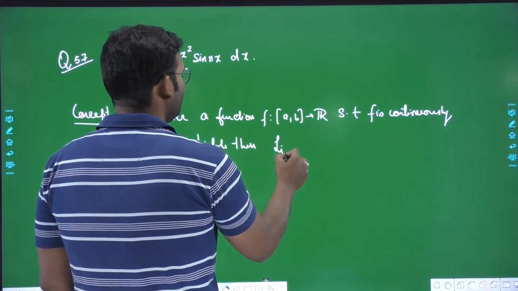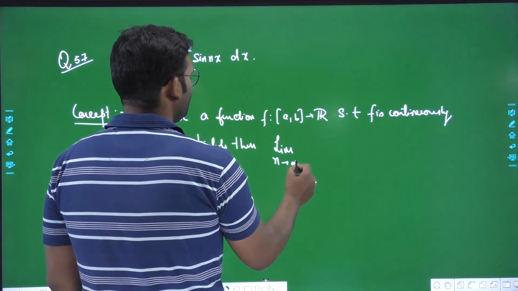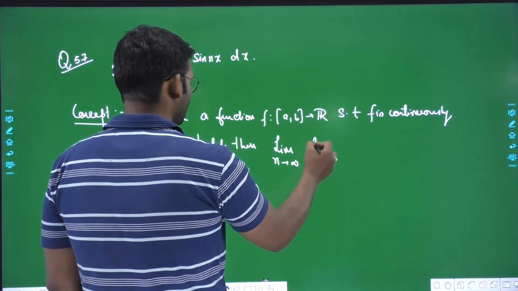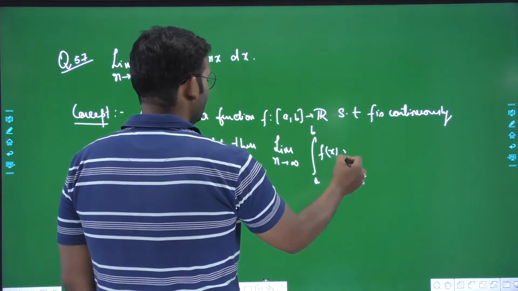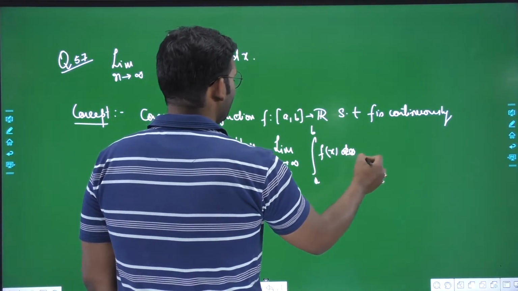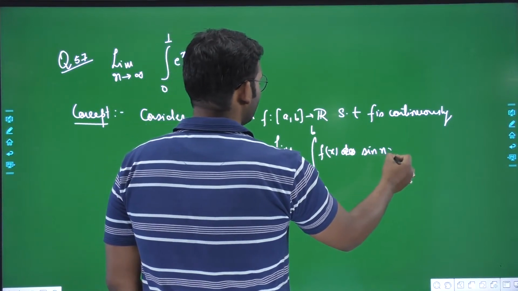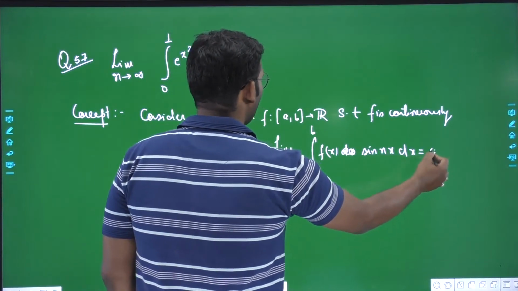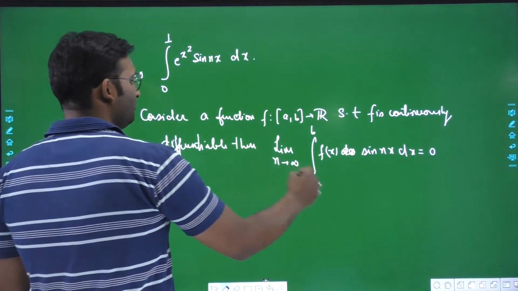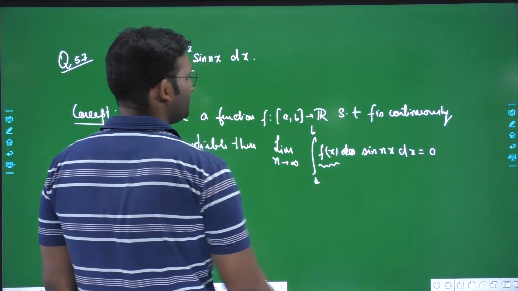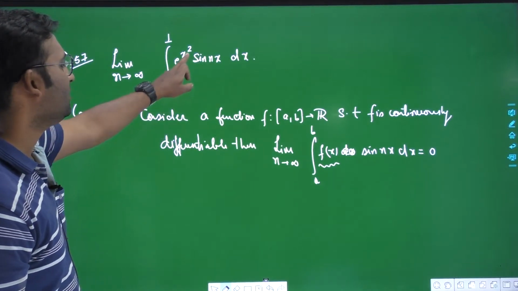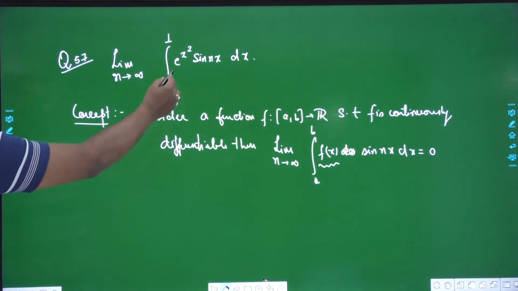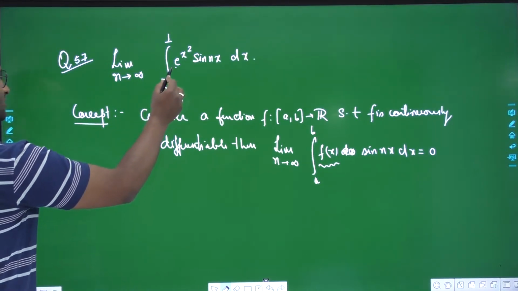Then limit n tends to infinity, integral a to b f of x into sine of nx will always be equal to 0. So all in all, you have to see your f of x must be continuously differentiable. Now, clearly, e to the power x square is an infinitely differentiable function.